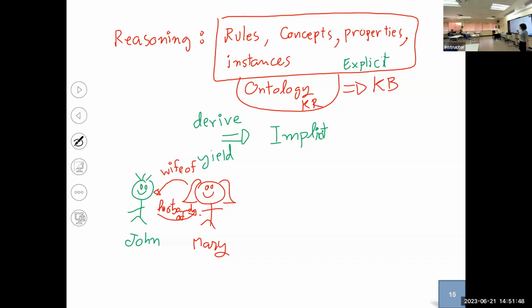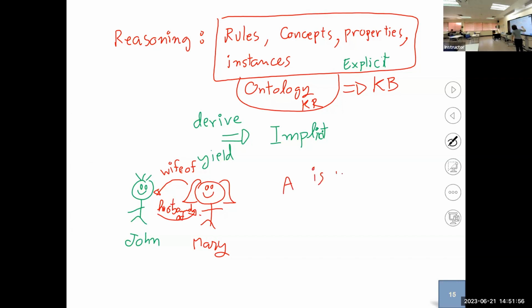We know this because there is a rule saying that if A is wife of B, I can tell that B is husband of A. A can be anyone, B can be anyone, as long as they are human persons.